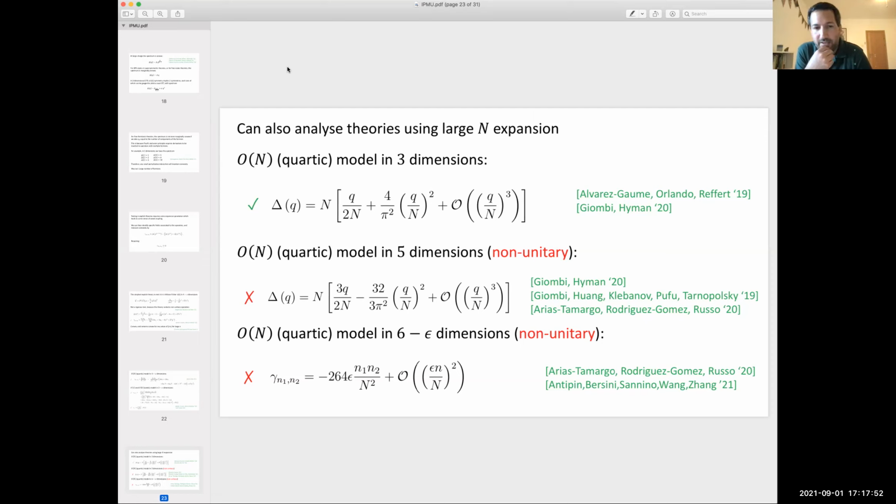But it turns out that these theories are non-unitary theories. There are operators that you can find that lead the theory to be non-unitary and have complex coefficients. And there is something quite interesting here because the non-unitarity actually only shows up non-perturbatively in N. So you don't see it in perturbative expansion in N. On the other hand, the non-convexity shows up already perturbatively in N.